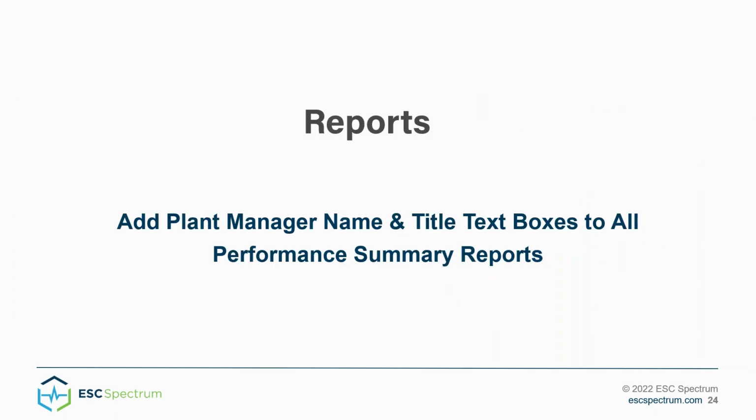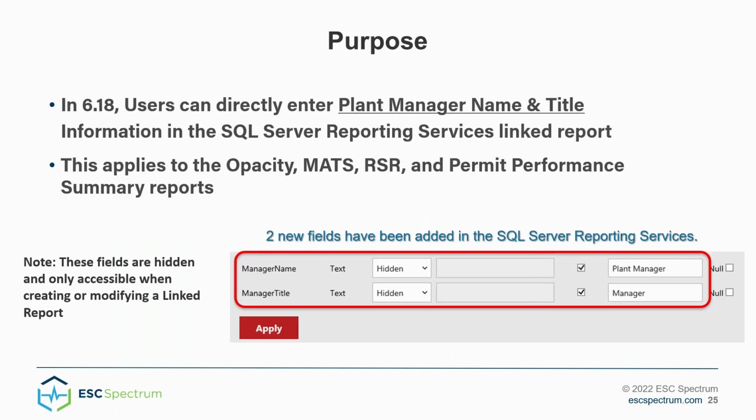Reports. Add plant manager name and title text boxes to all performance summary reports. Users can now enter a plant manager name and title in the SQL Server Reporting Services linked report.